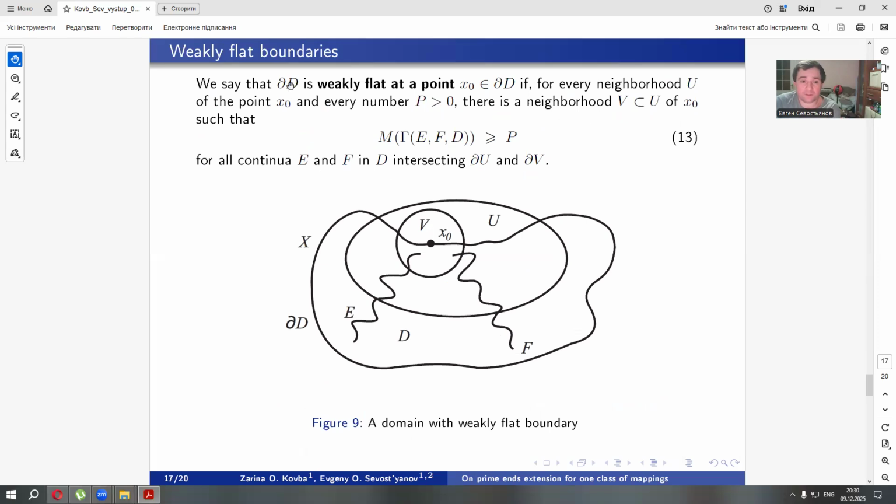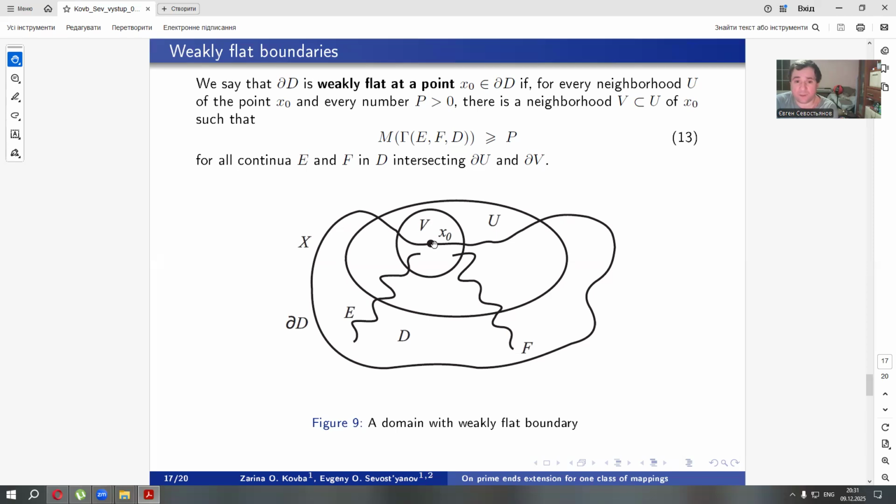We say that ∂D is weakly flat at the point x naught if for every neighborhood U of x naught and every number P bigger than 0, there is a neighborhood V of x naught, V contained in U, such that relation 13 holds for any continua E and F in D intersecting ∂U and ∂V, as in the picture.